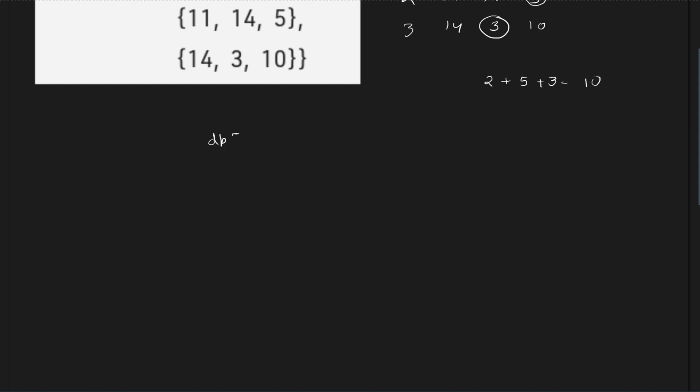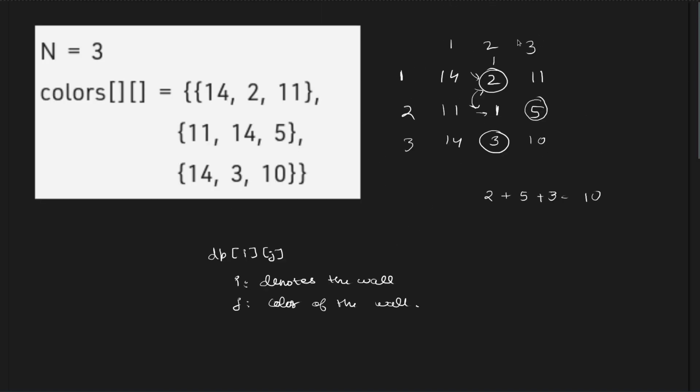So we'll have to maintain a two-state DP in which i denotes the wall, and j denotes the color of the wall. So for example, if I want to color the first wall with the second color, then I'll have my answer stored at the state dp of 1, 2.